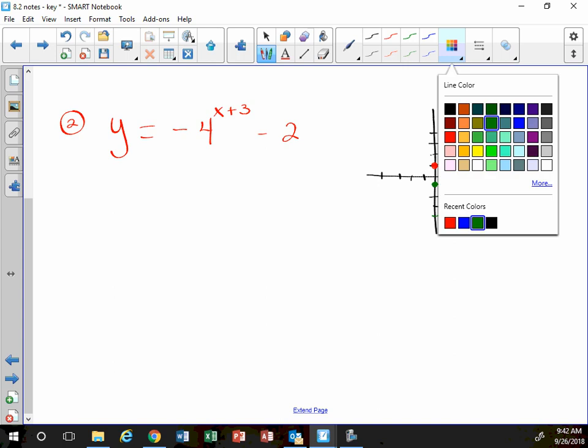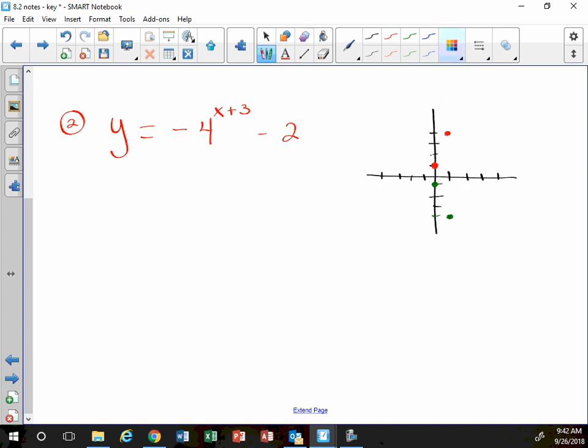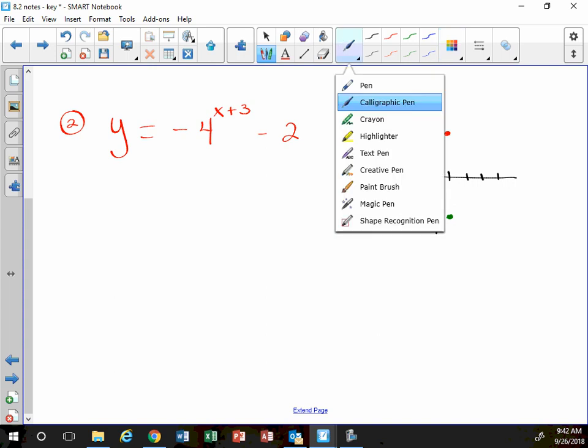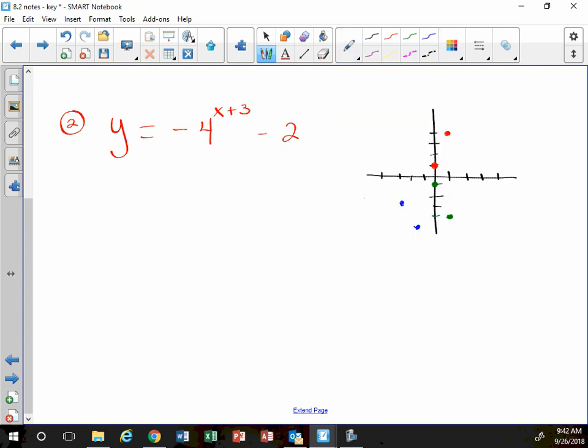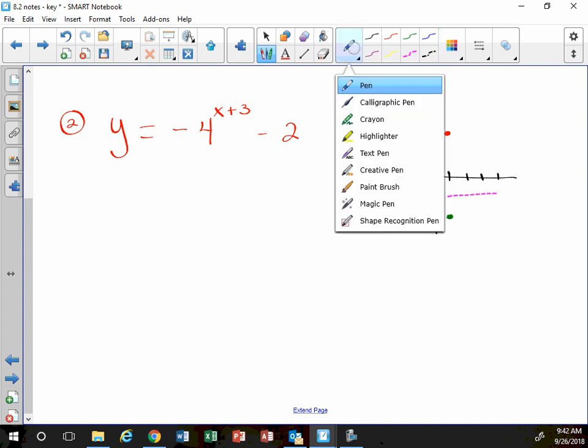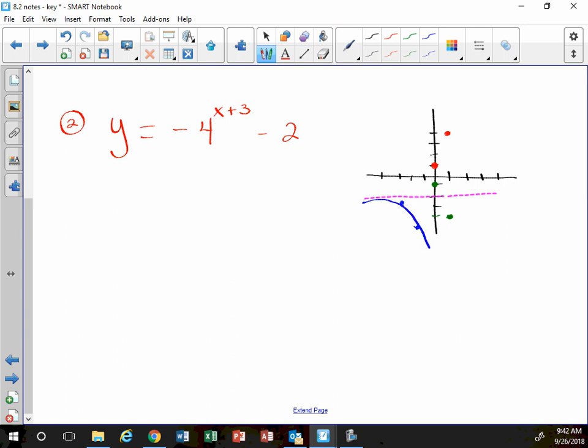Then with each of those points, you have to go left 3 and down 2. 1, 2, 3, 1, 2. Your asymptote is at -2. Your graph was, that's a very rough sketch, but something like that, right?